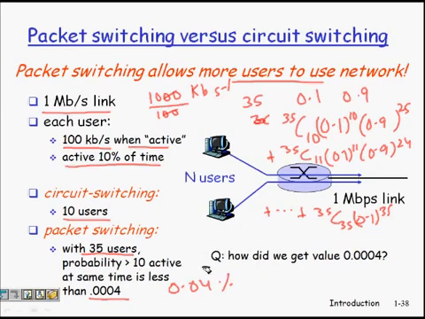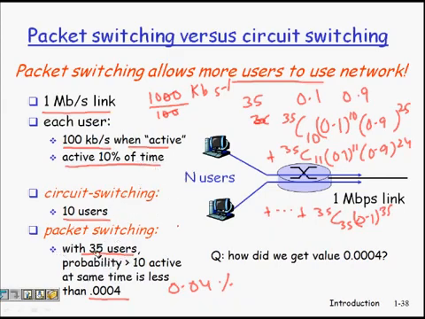Okay, so it's a very low probability. Then we are sure that the probability that 10 or fewer people are active is 1 minus 0.0004. So it will be much more than 99% of the time that 10 or fewer users are active, so they will get their 100 kbps speed.